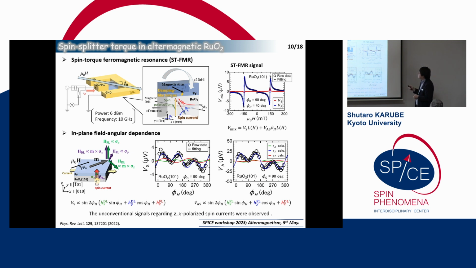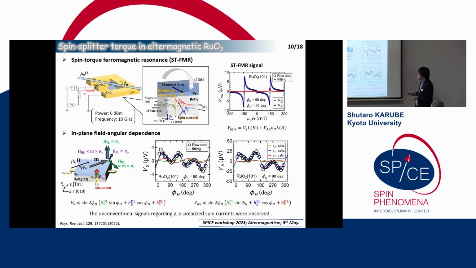So here we found asymmetric amplitudes between the positive and the negative resonance field. This is curious when we focus on the conventional spin Hall effect. This result implies there is unconventional spin polarization of the generated spin current. So for more detail, we proceeded with in-plane field angular dependence.